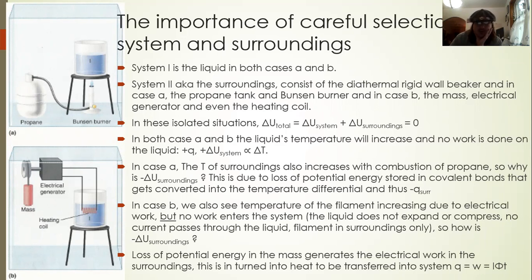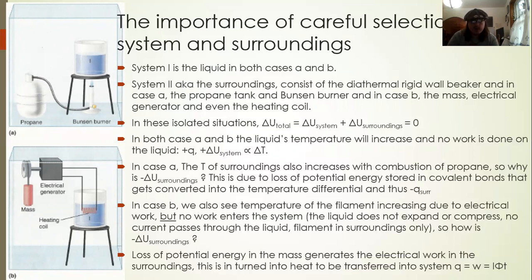Here we have a diathermal rigid wall beaker, so that means heat can transfer through the beaker. In case A, the propane tank and the Bunsen burner are all part of the surroundings. In case B, the mass, the electrical generator, and even the heating coil are going to be our surroundings.